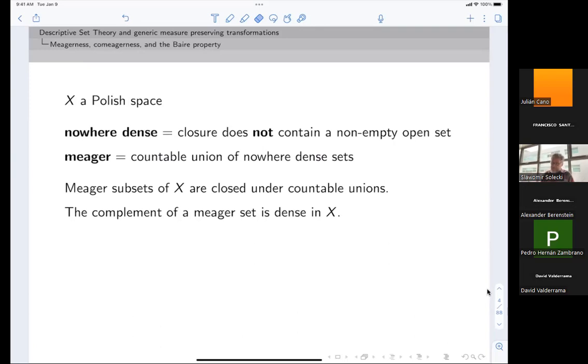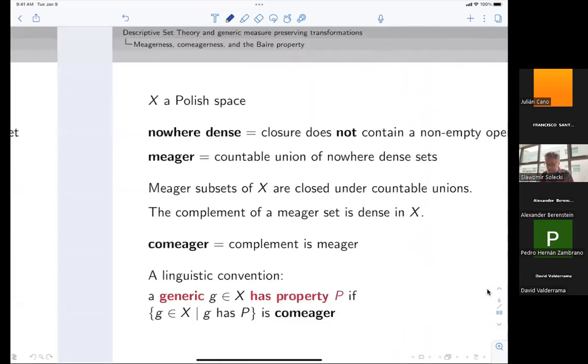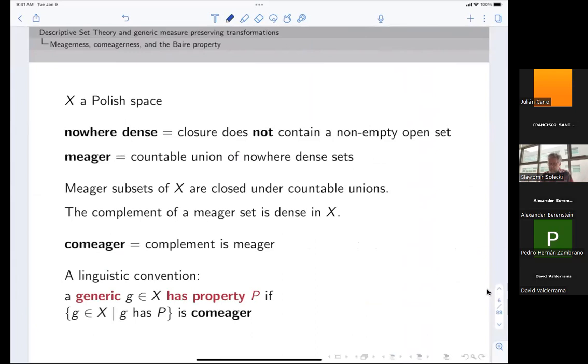So this is a very good topological notion of smallness. If a set of points is meager, this means it's a small set. I will use the word comeager to indicate a set whose complement is meager. And finally, there is a linguistic convention used in the area.